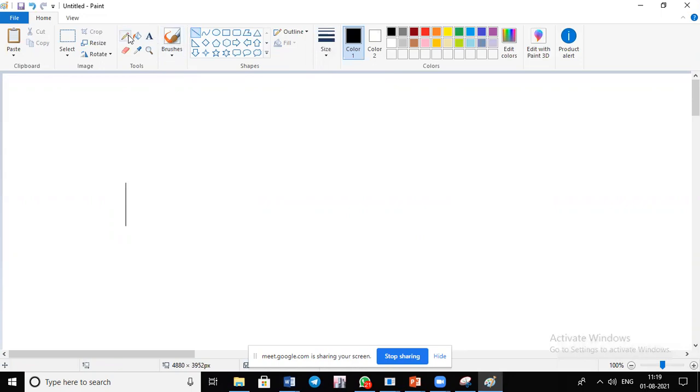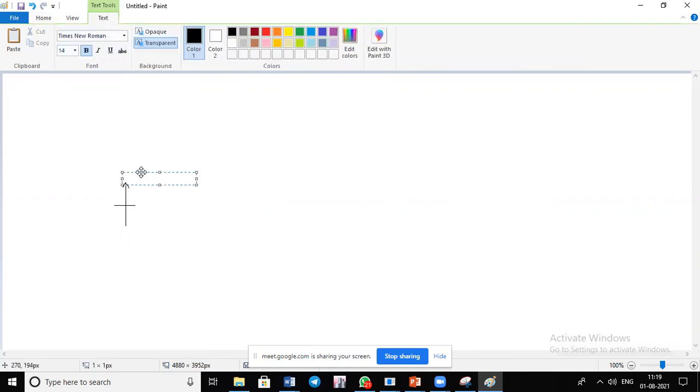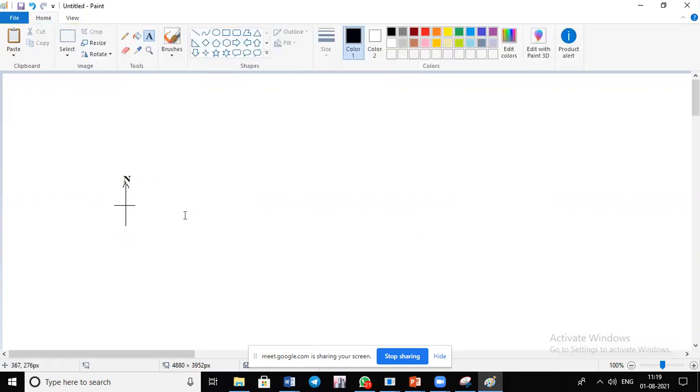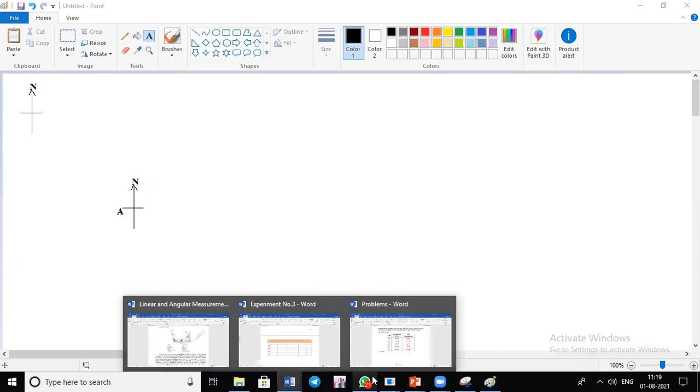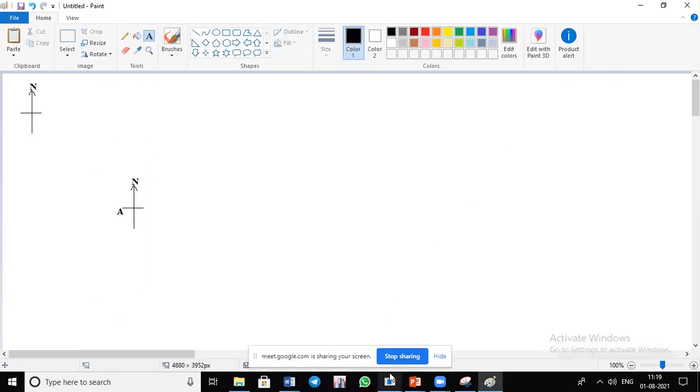So this is the north. Whatever is the angle that has been measured here, you can see.